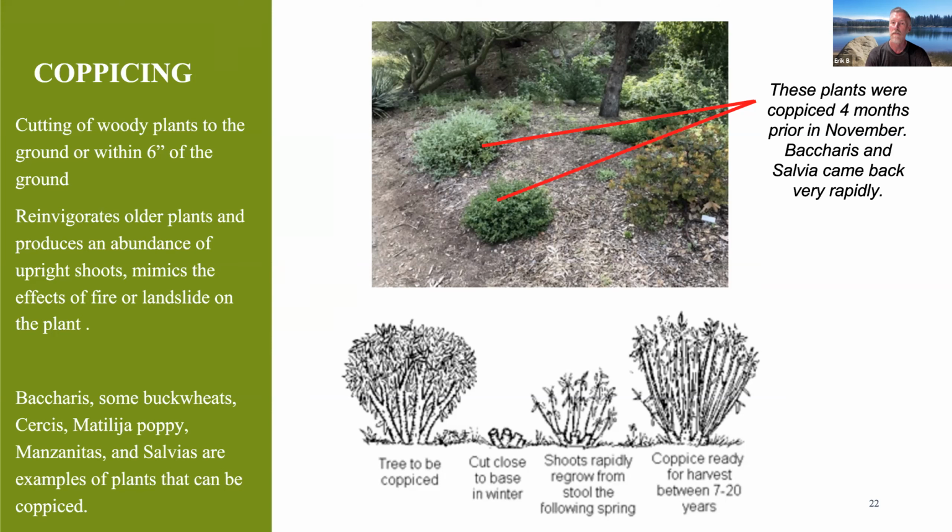Sometimes you're trying to cut this thing down and it comes back. Sometimes you're trying to get rid of this plant and it shows up. And a lot of times one indicator is the growth from the base of the plant. When you see that, you can be pretty confident that you can coppice that woody shrub.